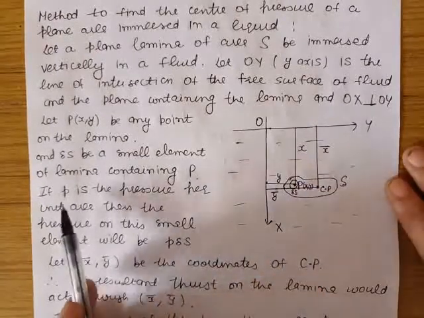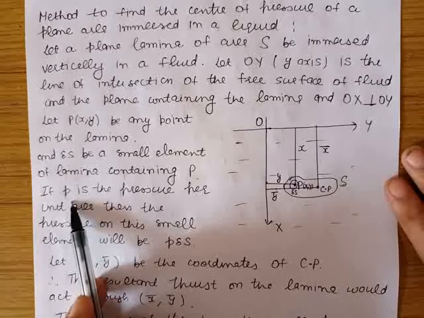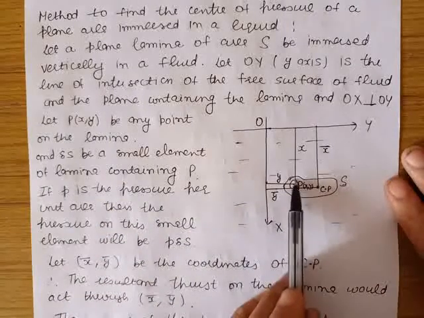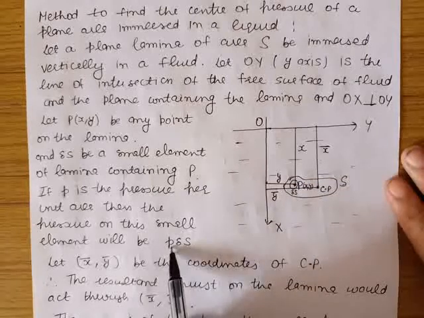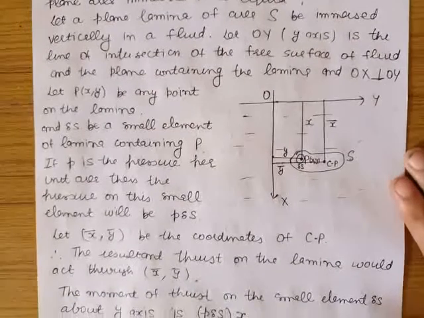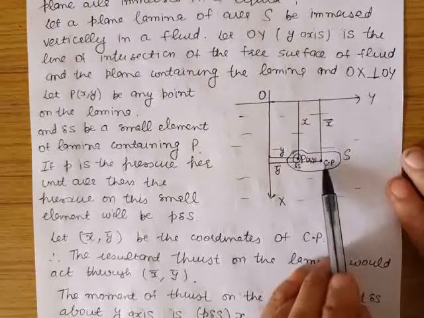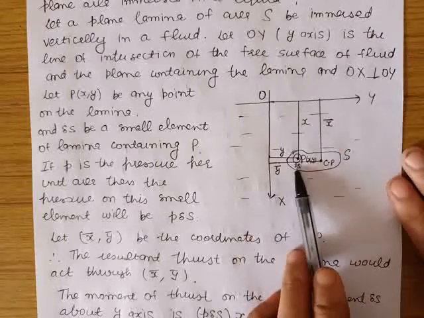And let us take p as the pressure per unit area. Then the thrust on this area element will be given by p into delta S. Now let us consider the coordinates of center of pressure to be x bar, y bar.